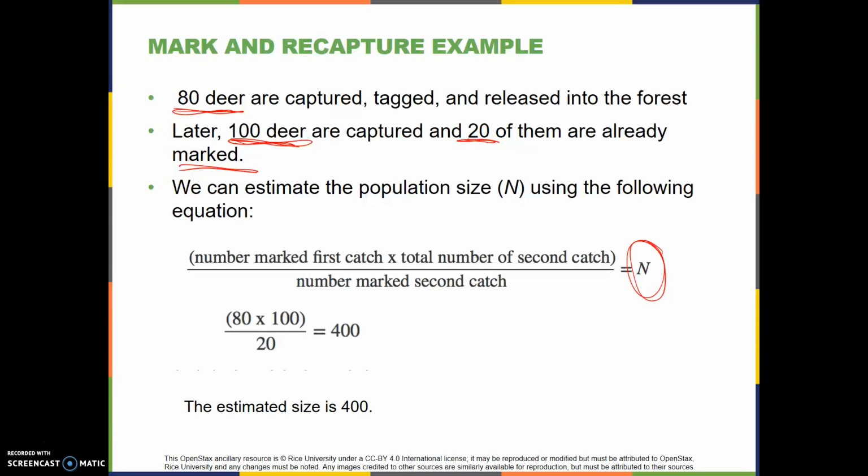We take the number marked in the first catch, which was 80, times the total number of the second catch, which was 100. So that's going to be 8,000. And then divide that by the number marked in the second catch, which is 20. And so we estimate the population size to be 400.